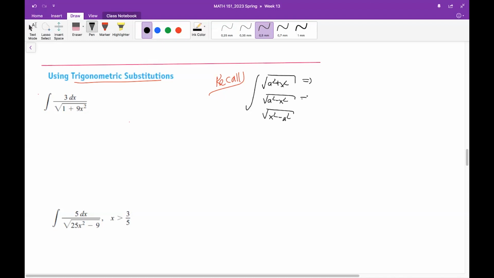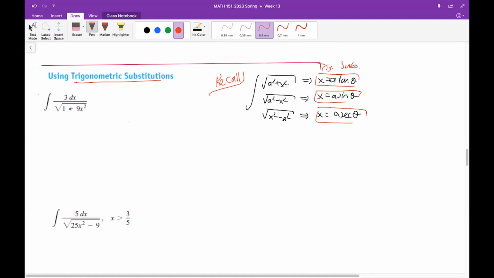There are certain substitutions for all these three types. Trigonometric substitutions are fixed like that. If this is the case, you will use a times sine theta, and if this is the case, it is a times secant theta. Okay, so these are fixed for all these types of integrals.